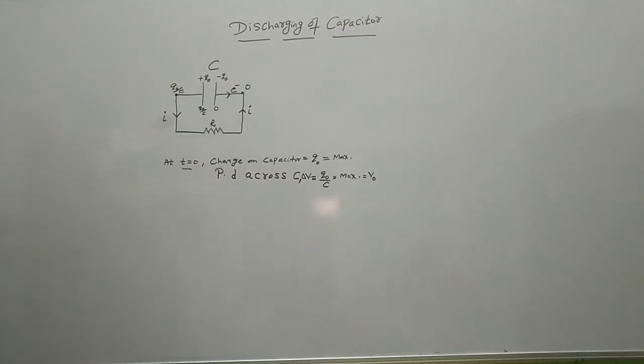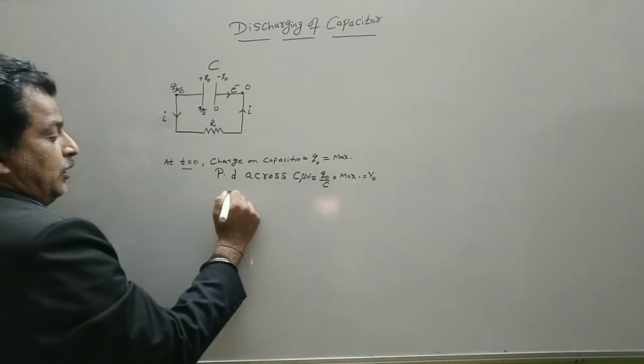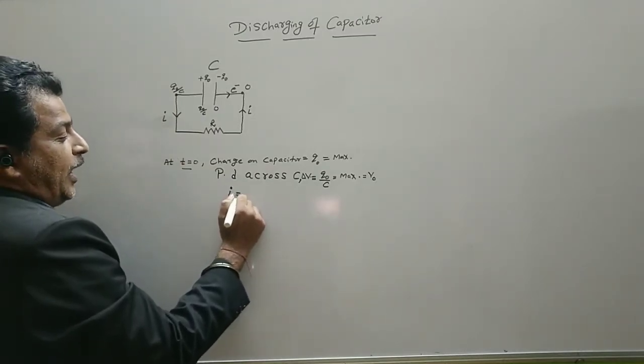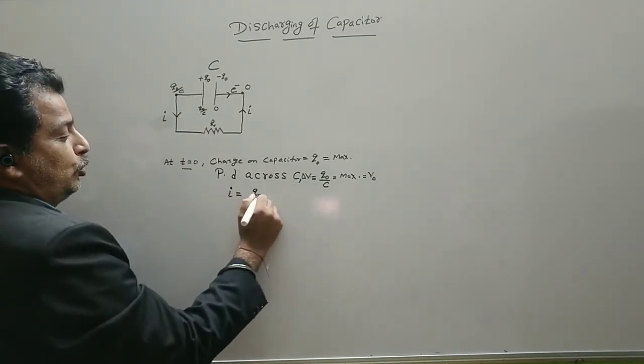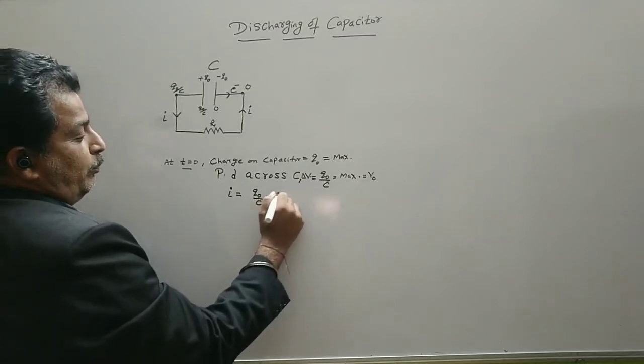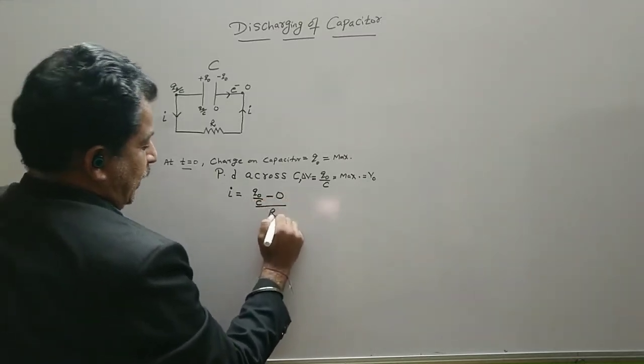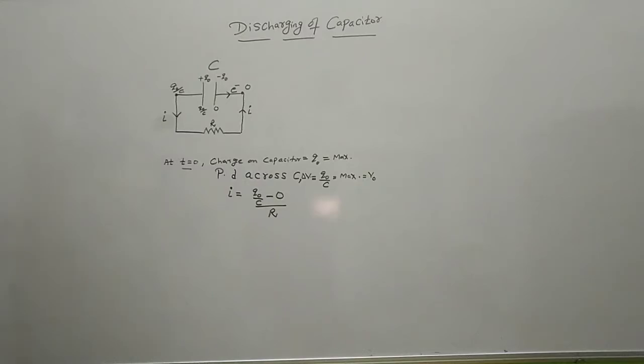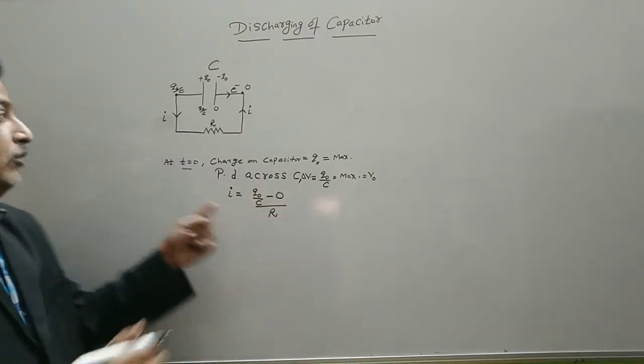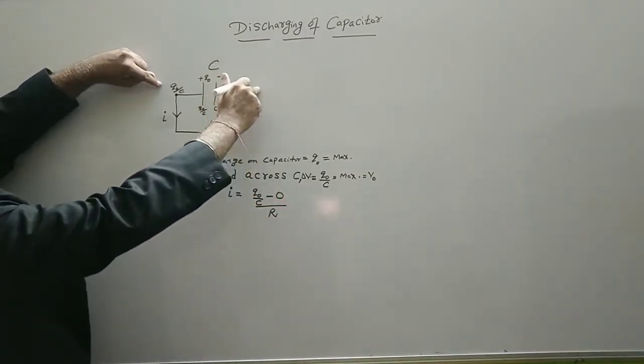Now what is the current in the circuit initially? When we connect a resistor across this capacitor, the current starts flowing, and I is equal to (Q naught by C minus 0) upon R. That is Ohm's law: I is equal to V upon R, where V means the potential difference.